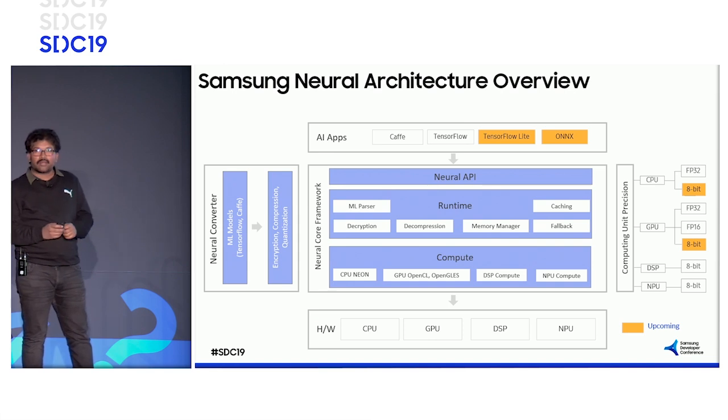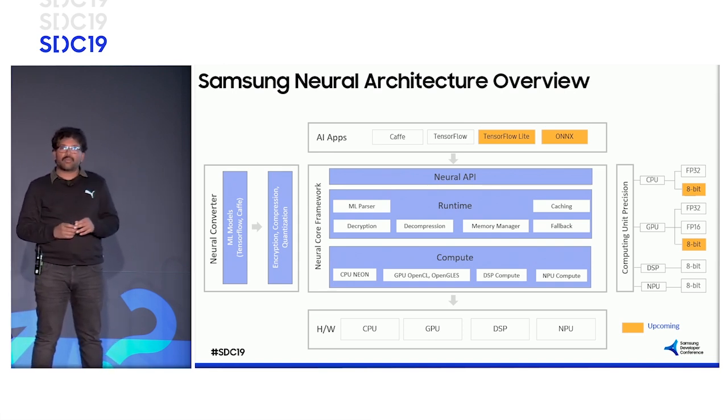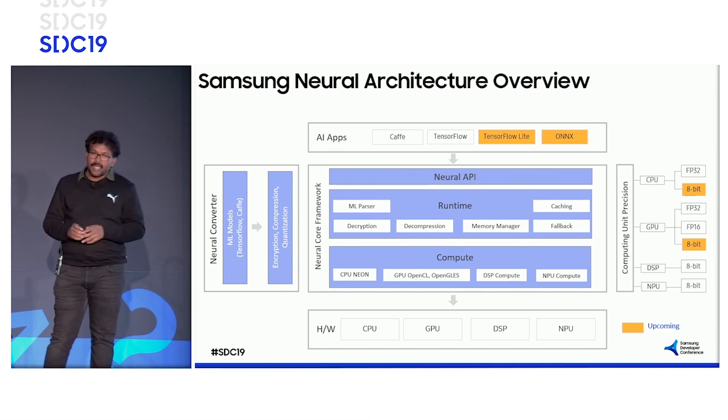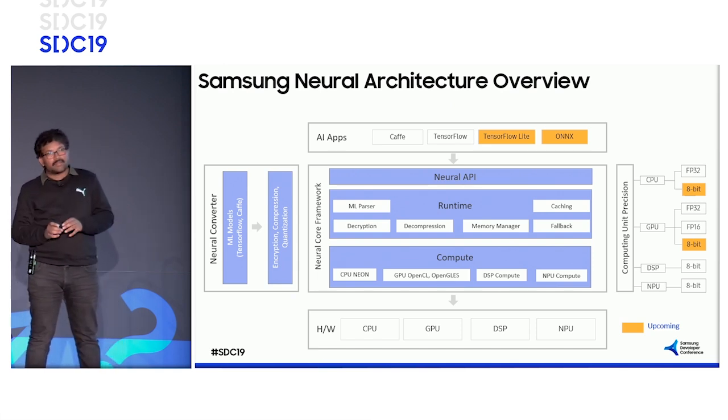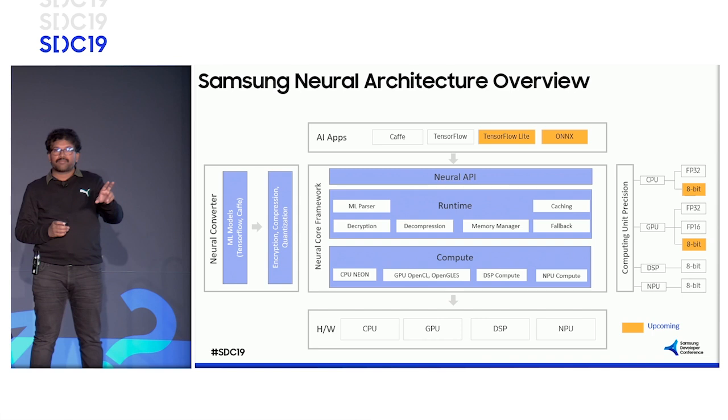And second one, compression. Compression can lead to a reduction in the model size by 2 or 4 times. For example, the TensorFlow Lite float Inception v3 model size is around 95 to 97 MB. If you do FP16 compression, it's half, about 47 MB.